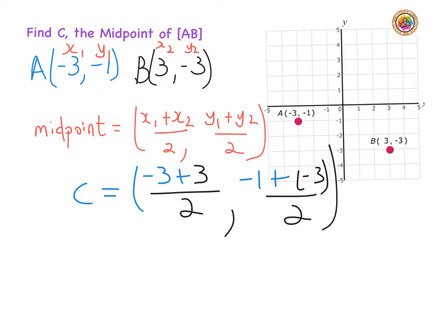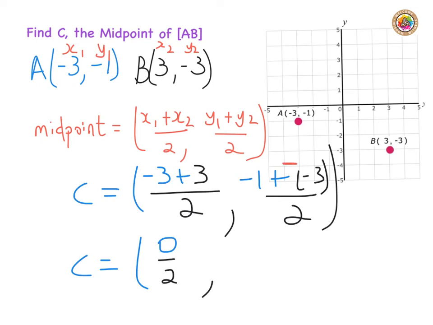So C is equal to, well, again, my brackets for coordinates, minus 3 plus 3, that's going to be 0 divided by 2, and minus 1 plus minus 3. Well, a plus by a minus is a minus, so I could just write a little minus there above that.